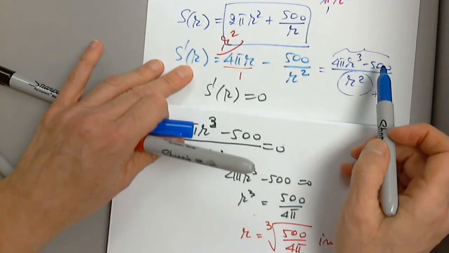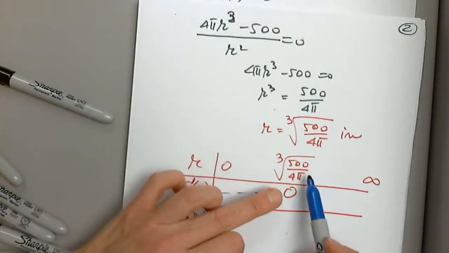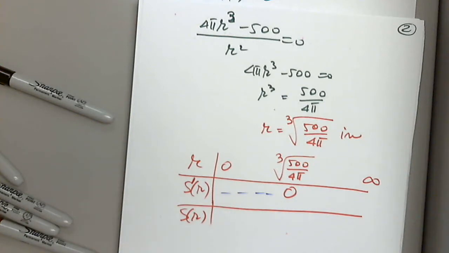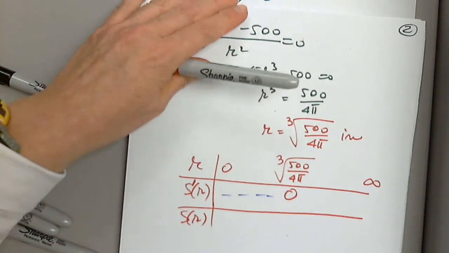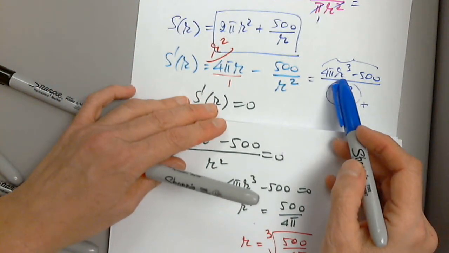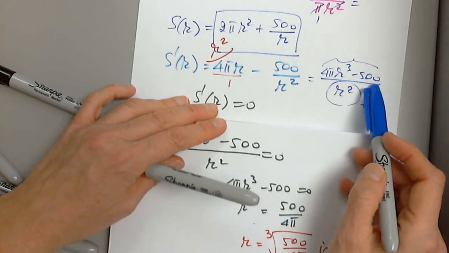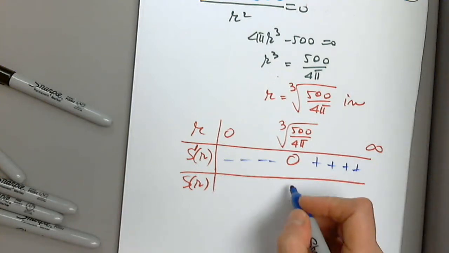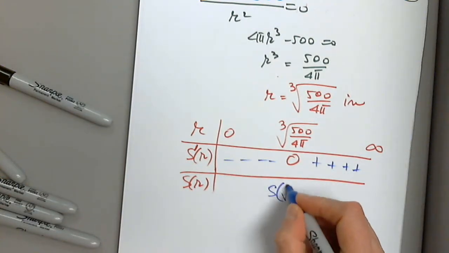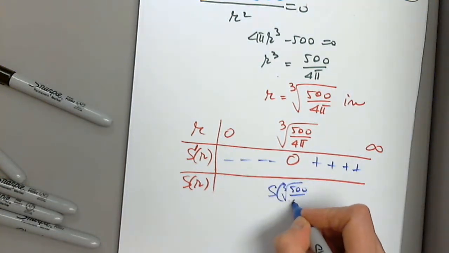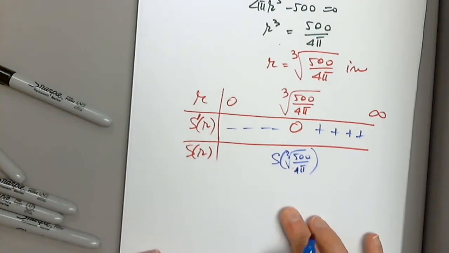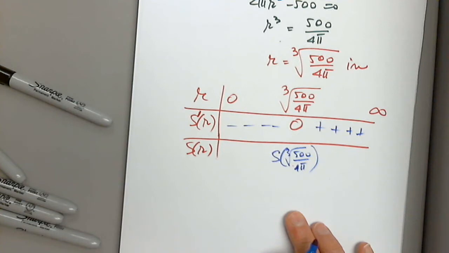Good. When I plug in, I have to estimate roughly what this is, right? But you really don't need to. If you plug in 1,000, it's definitely more than -5. So this part will be positive for sure. So this function s of the cube root of 500 divided by 4 pi will definitely give what type of point?